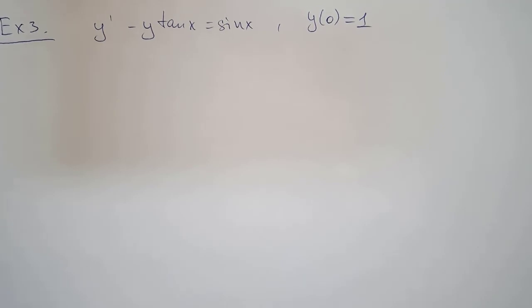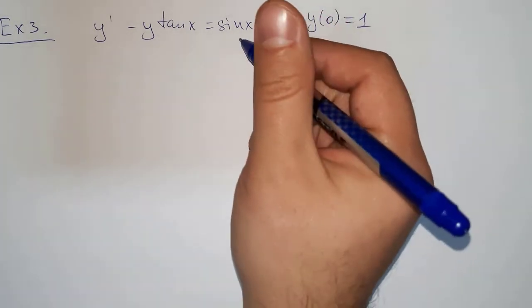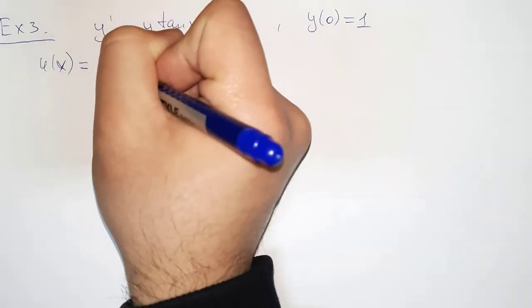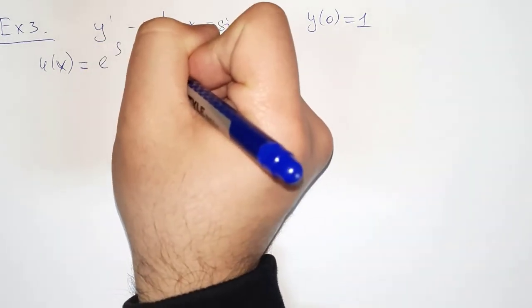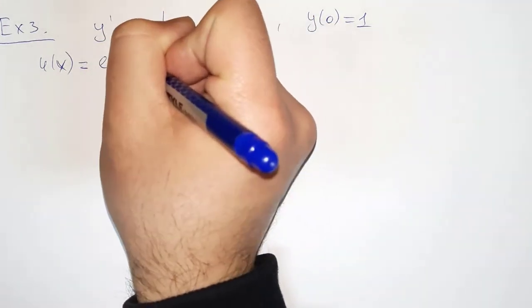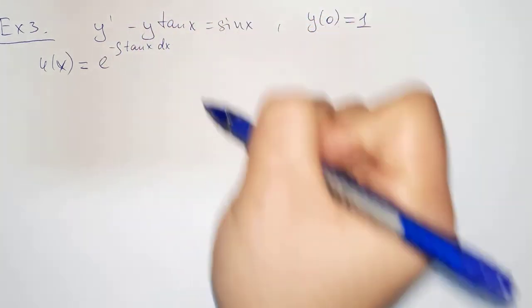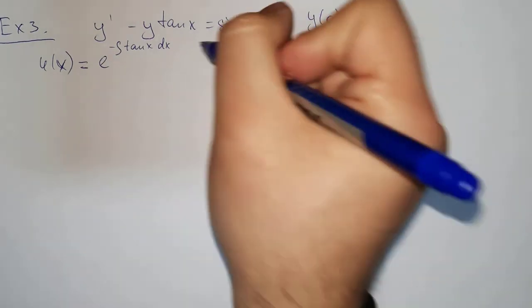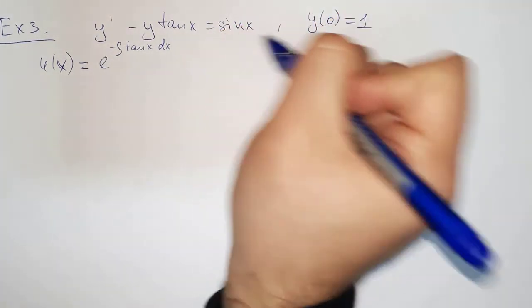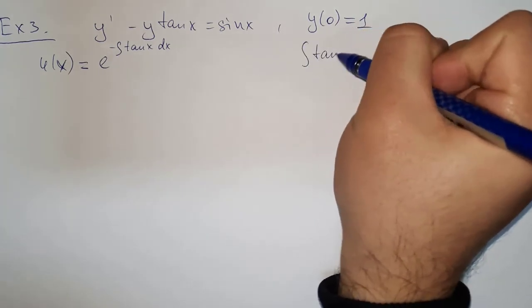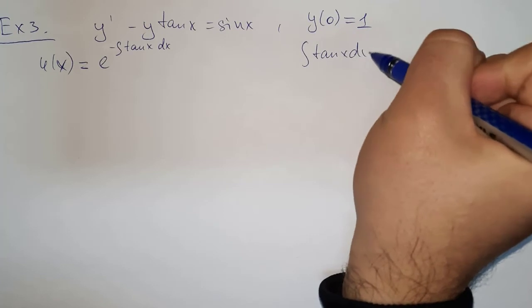First, we calculate the integrating factor. Let's do this example with the integrating factor. So u of x is e to the power of the integral, where a is minus tangent x dx. Let's compute the integral of tangent x dx.